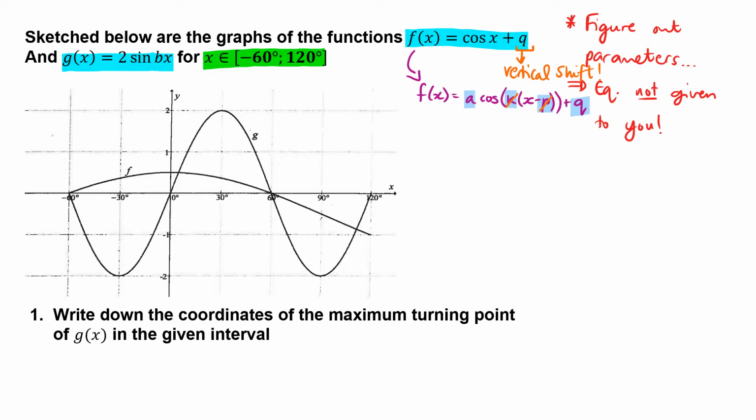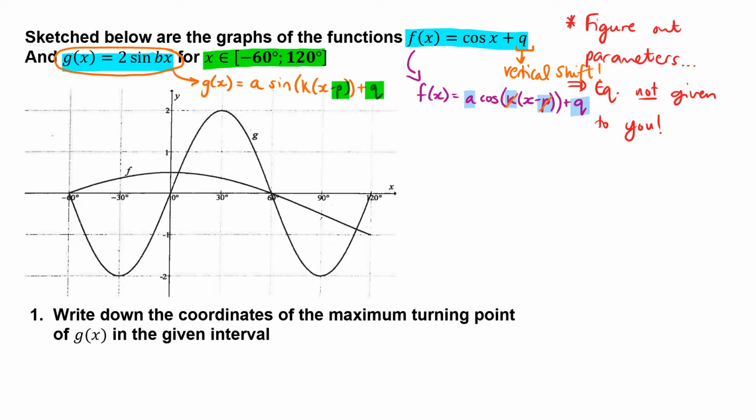Likewise, if we go and then have a look at g of x, which is for sine, we know that g of x should have the formula a sine k x minus p plus q. But again, we don't have to worry about the p or the q.